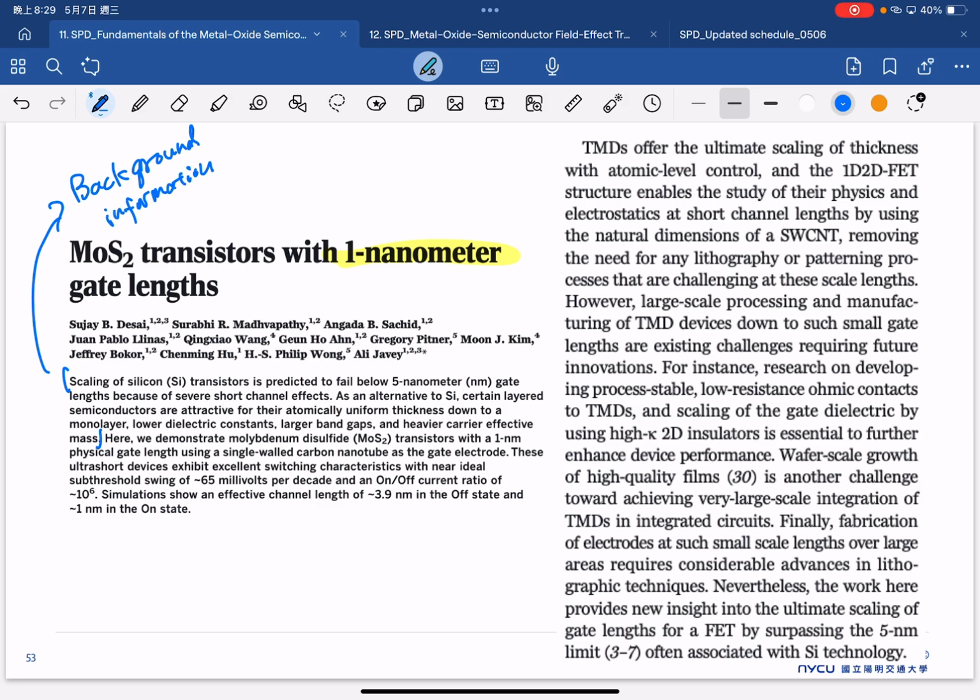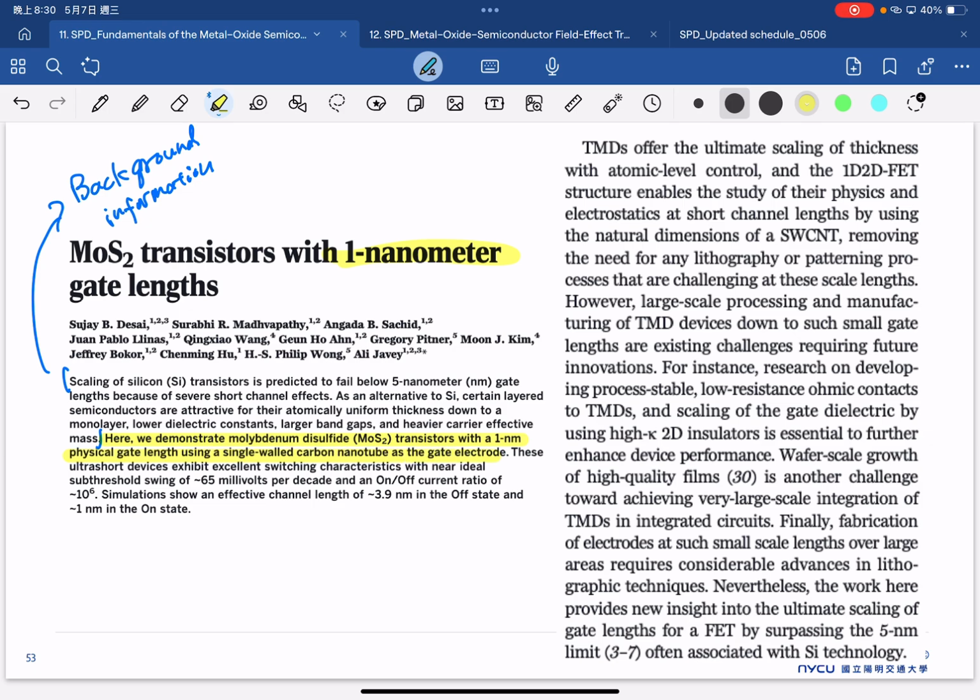And in this paper, let's go to the main point here, where we demonstrate a MoS2 transistor with a 1 nanometer physical gate length using a single-wall carbon nanotube as a gate electrode.